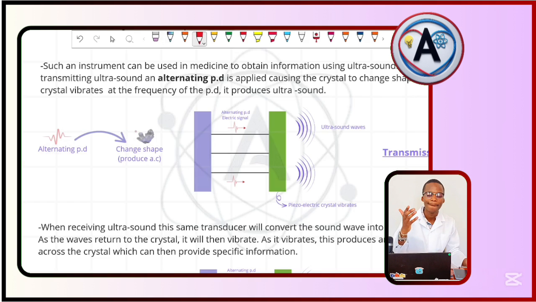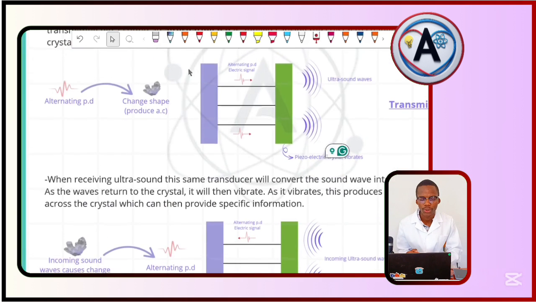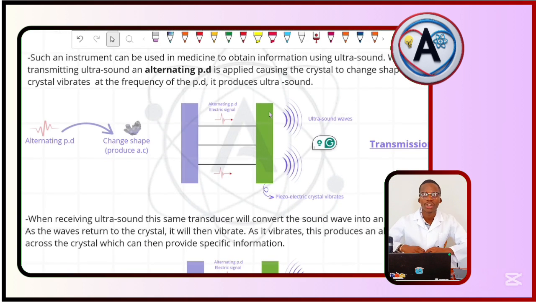So the alternating electrical pulse goes here and arrives at the piezoelectric crystal, then the crystal is vibrating. Imagine it going back and forth, back and forth, right? As it's vibrating, we know that vibrations will produce sound. So the vibrations occur in the exact region that is going to generate ultrasound. The vibration occurs exactly like that, right? So we say that is transmission. We're able to generate ultrasound using that process.